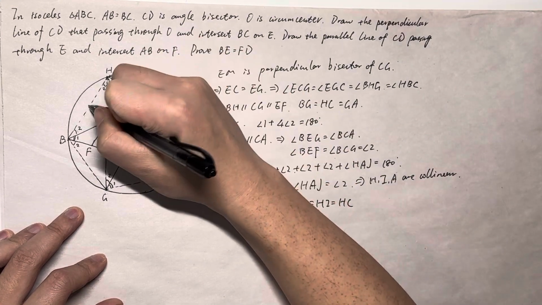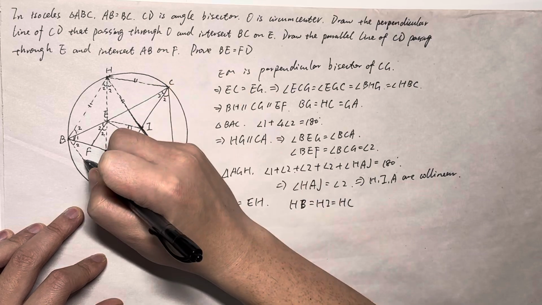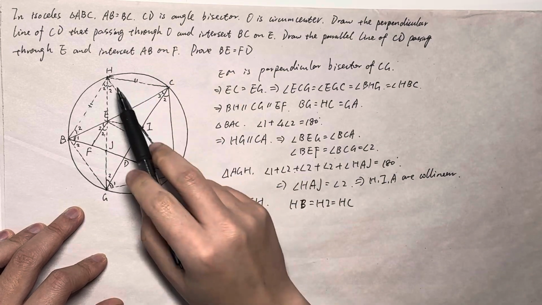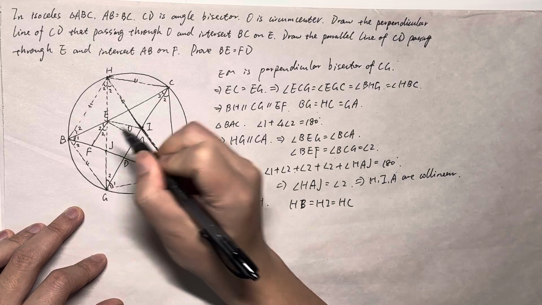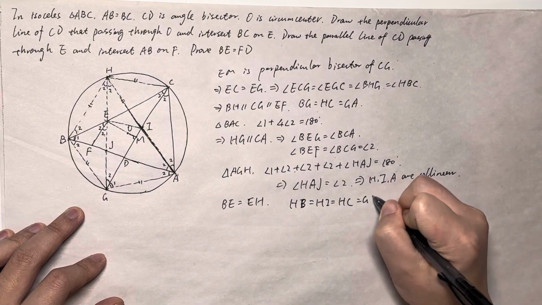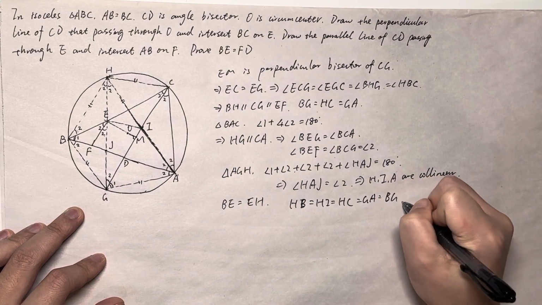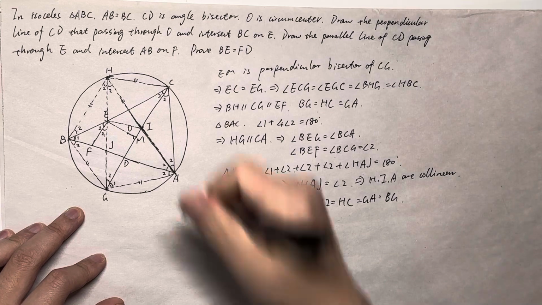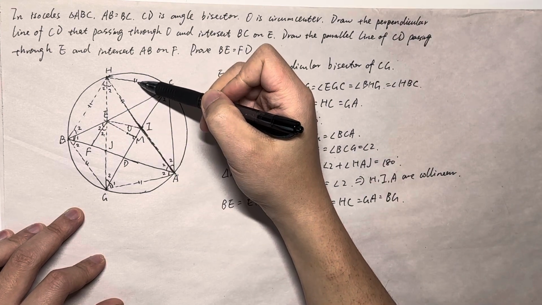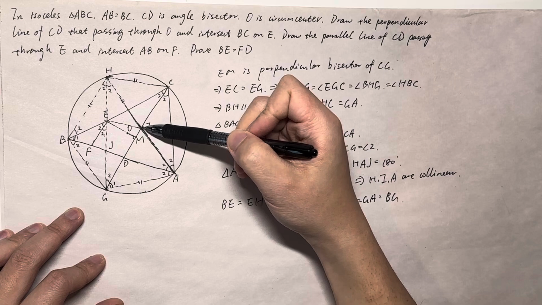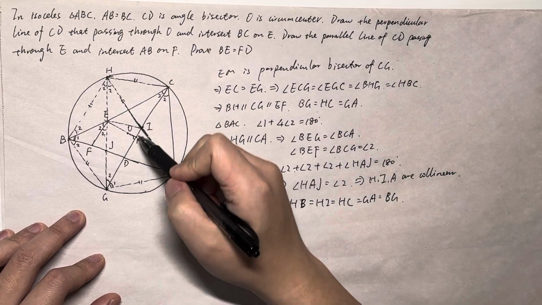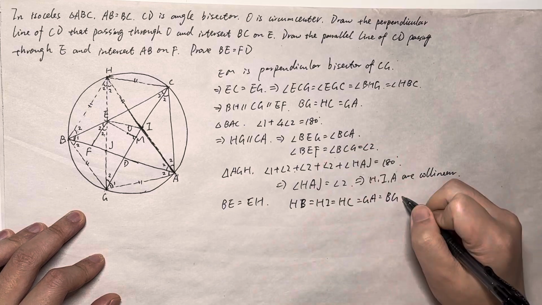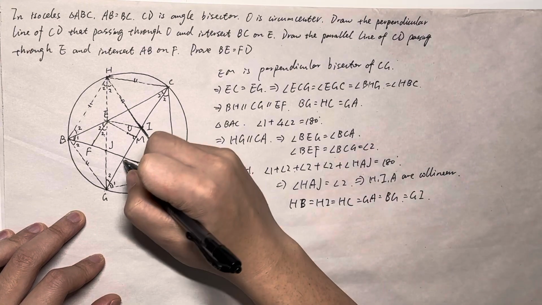So this side and this side are equal. And we already know that HC equals GA and equals BG. These three are equal based on the property of the incenter, and also equal to GI. That's all we can find.